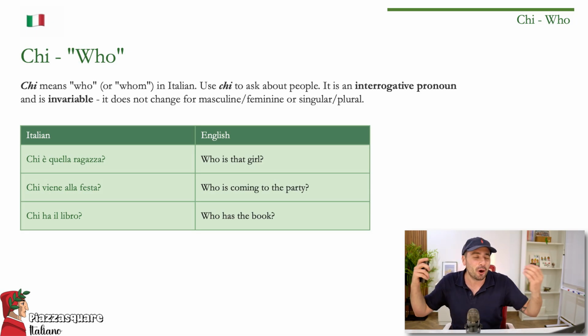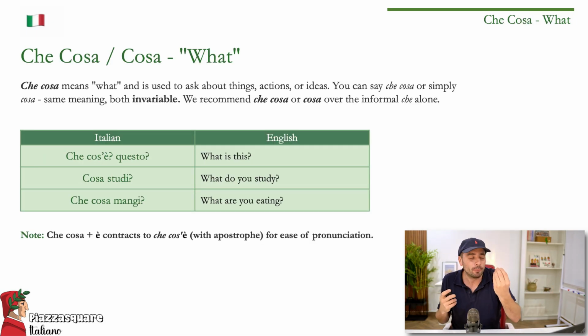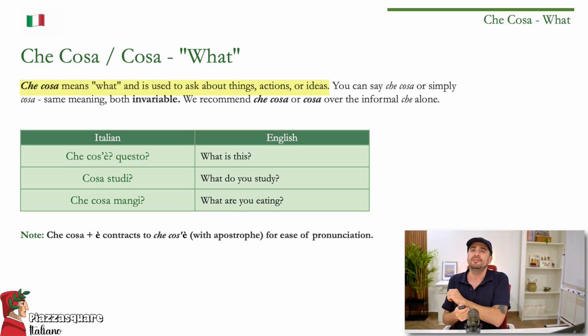Second, che cosa or cosa. What? Okay, che cosa means what, and it's used to ask about things, actions, or ideas. This interrogative can be said in a couple of ways.